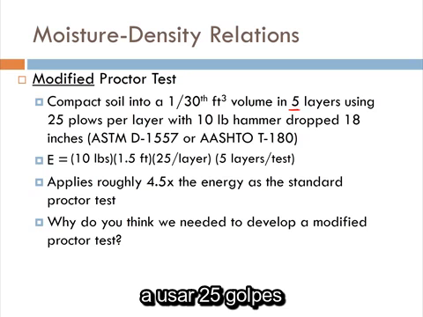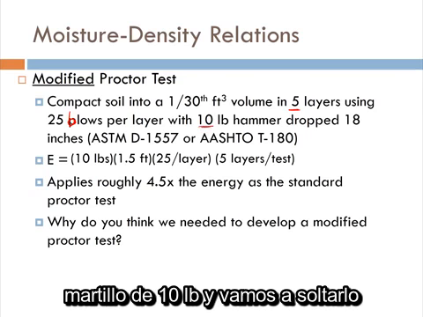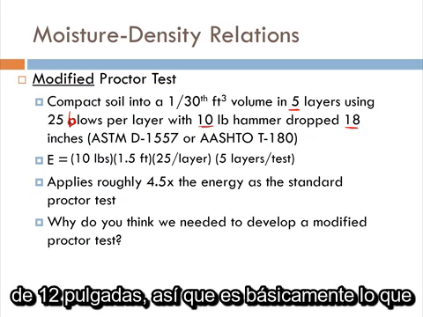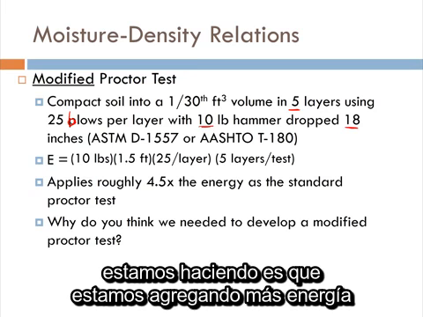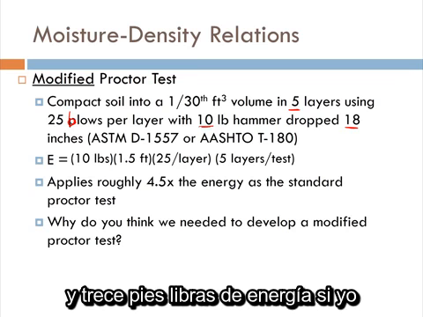We're still going to use 25 blows per layer, but we're going to use a 10-pound hammer and drop it 1.5 feet or 18 inches instead of 12 inches. So basically we're adding more energy to the soil. In the standard Proctor test, we were adding about 413 foot-pounds of energy.